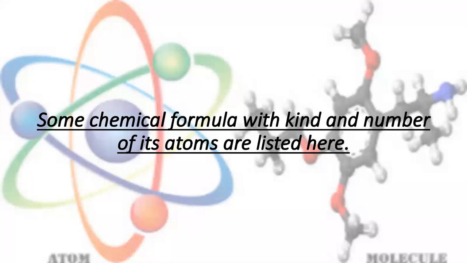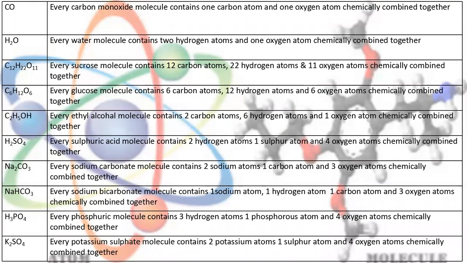Now you can see some chemical formulas with the kind and number of their atoms listed here. These are very important chemical formulas. In your study, they will come again and again. So, we have listed them here for your convenience, for your study.